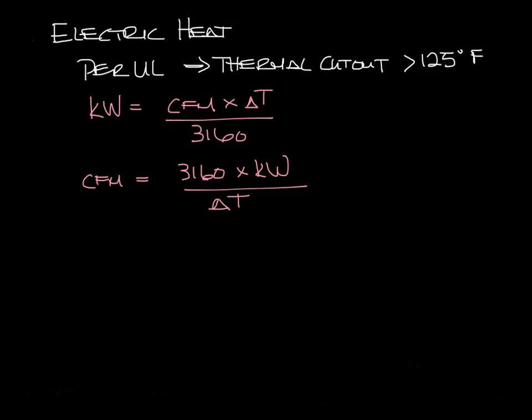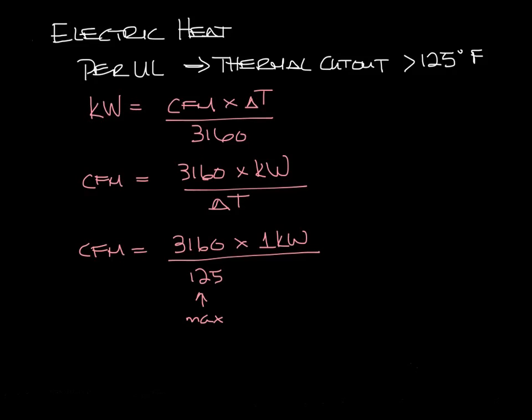So we can calculate the minimum CFM for 1 kW. That gives us 125 degrees. 3160 times 1 kW divided by 125, because that's the maximum temperature we're calculating for, minus 55, which is the supply air temperature of, say, a single duct box. And that comes out to 45 CFM.